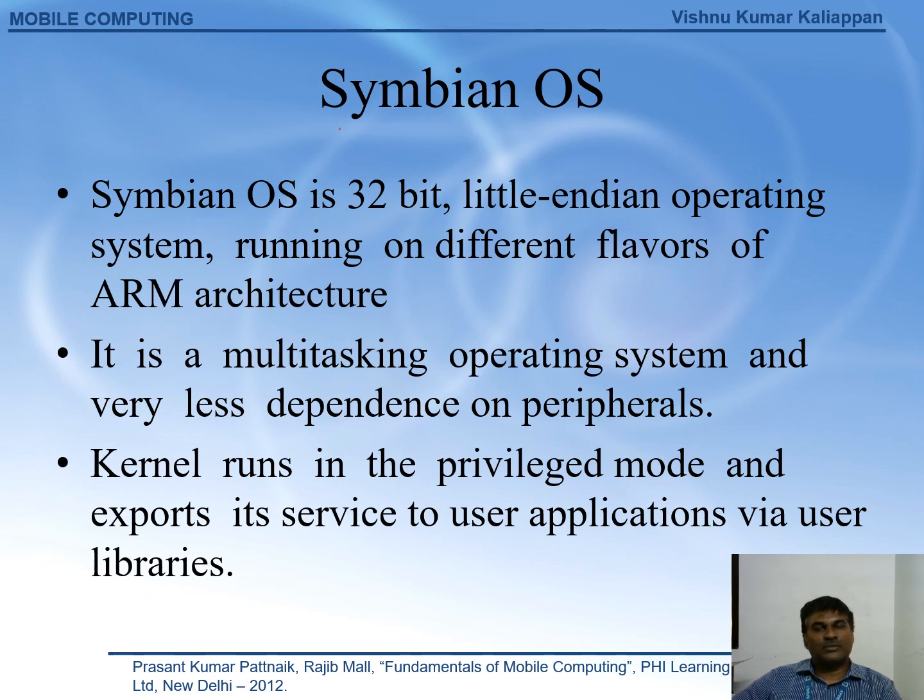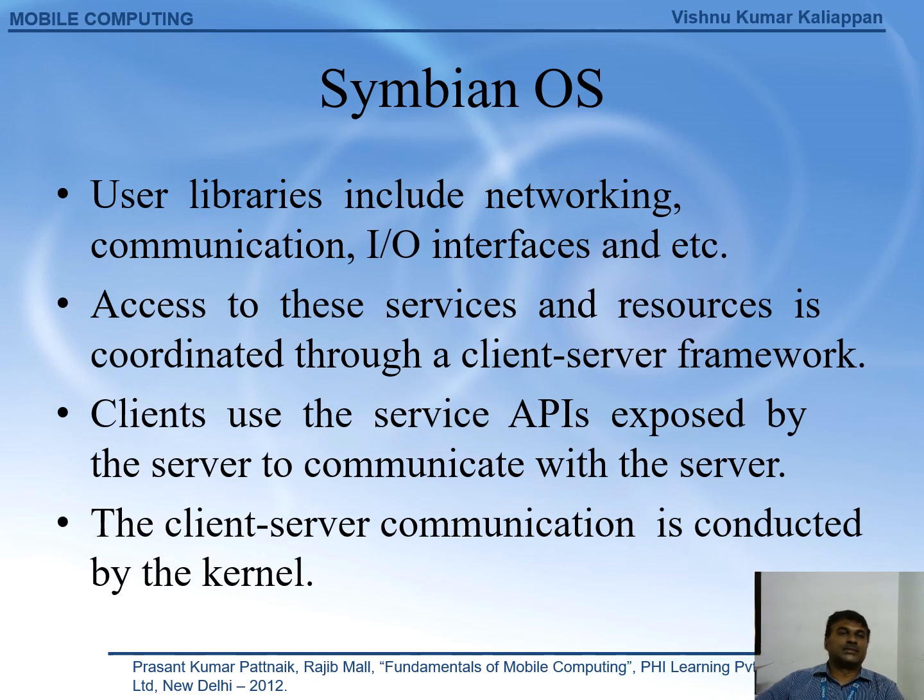The next popular operating system from a decade back is Symbian OS. It was developed by Nokia, and most of Symbian OS is specifically designed and developed based on the ARM architecture. It is a multitasking operating system with very few dependencies, and the kernel runs in privileged mode. It exports a service to use the application libraries.